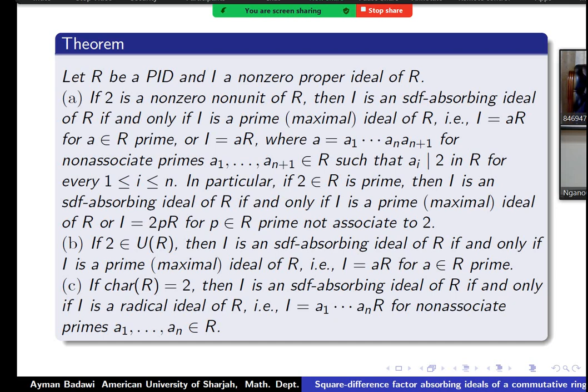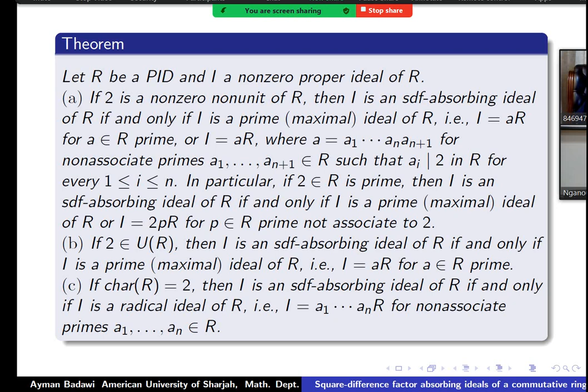But here observe, if R is a principal ideal domain, case A is trivial, I think. Well, it's not. If 2 is non-zero, non-unit, this is the interesting case, A. B is trivial. Then I is an SDF absorbing ideal if and only if I is a prime or maximal ideal of R, I equal aR.